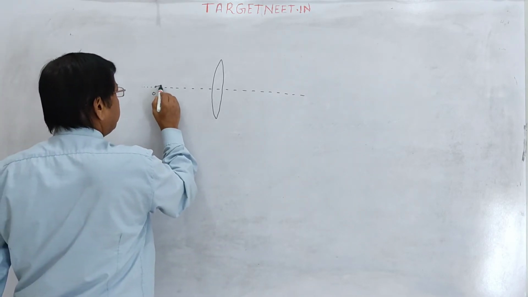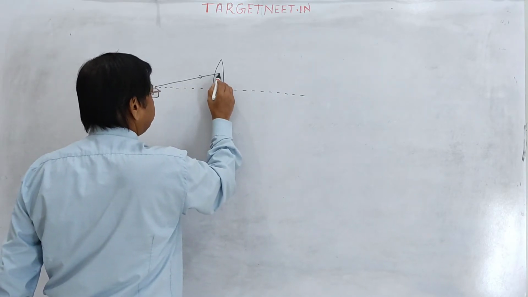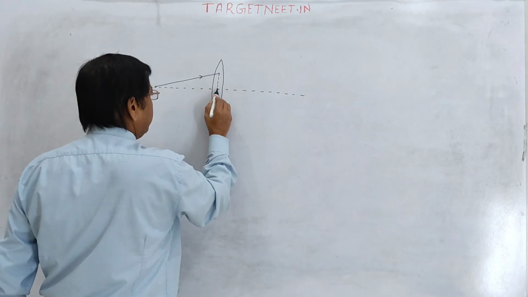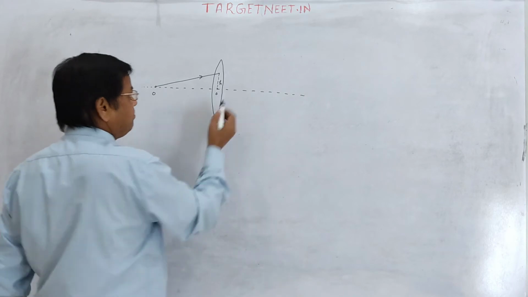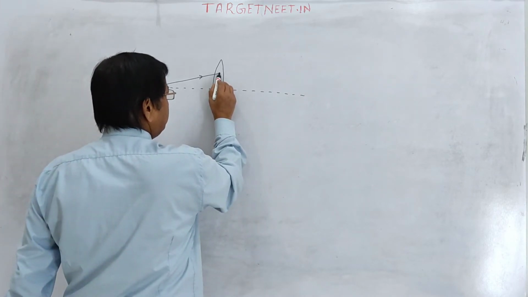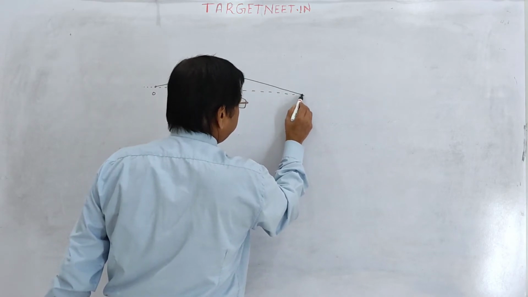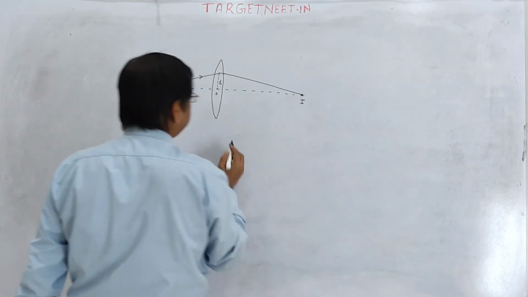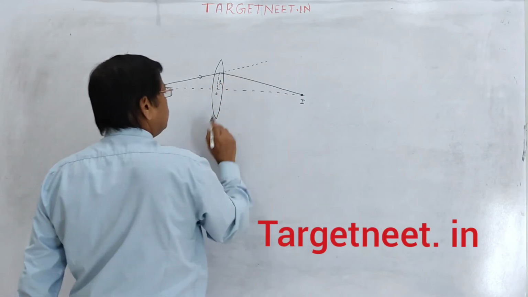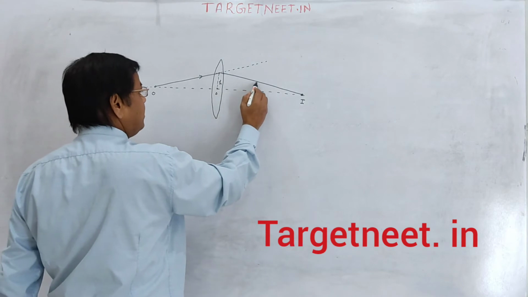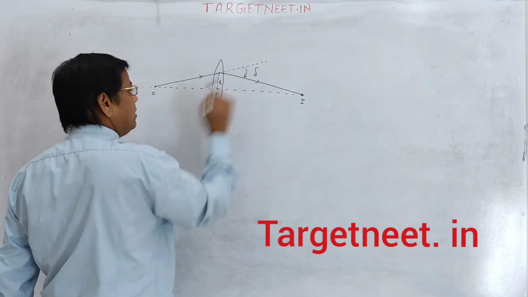If a ray is incident on the lens at this position, at height h from the optical center, and it bends light towards the principal axis, so the image is formed somewhere here. This was the original direction, so this lens has deviated light by this much angle. Let it be delta.